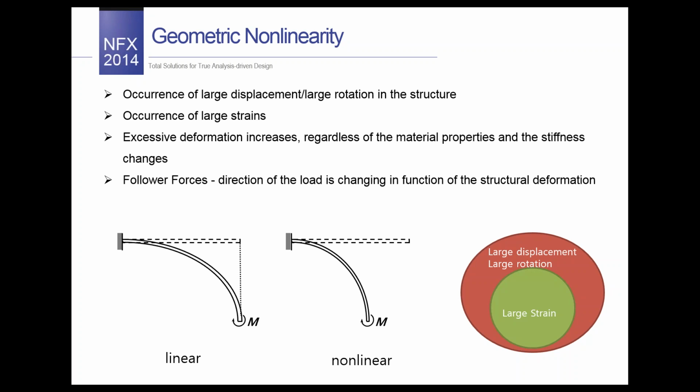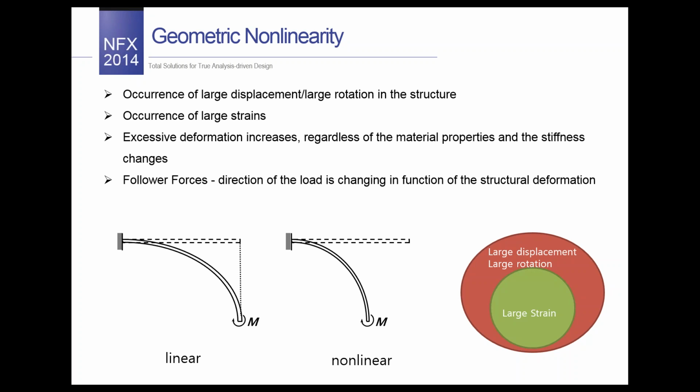Geometric nonlinearity doesn't always mean large displacement. In many thin plate structures, for example, displacements of the order of the plate thickness will give rise to geometric nonlinearities. Geometrical nonlinearities also affect the influence of the acting loading.